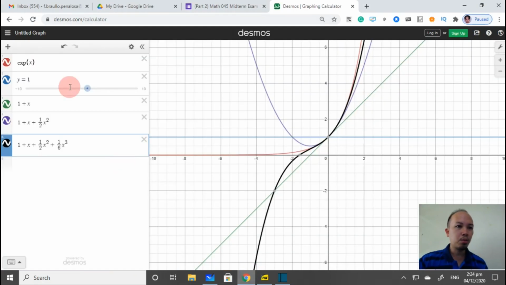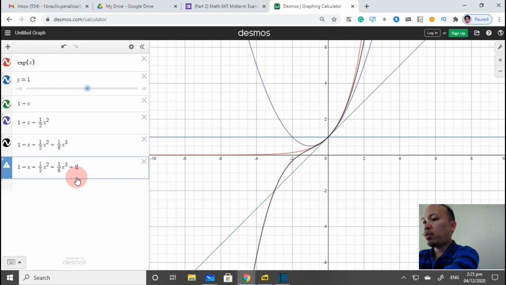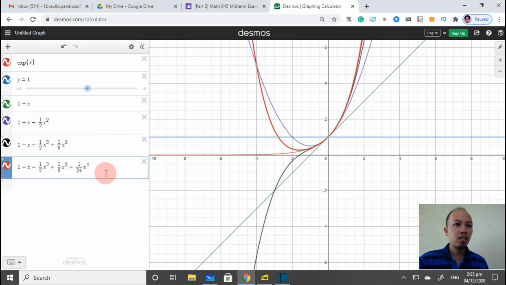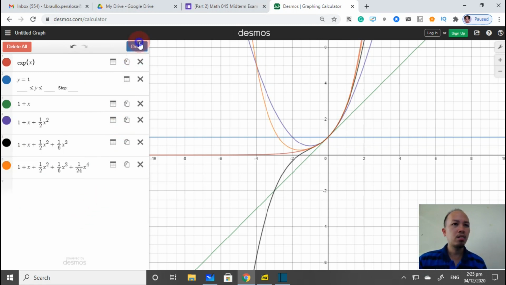Let's copy this one and add more, to see if we can approximate more points. Plus 1 over 24 times x to the 4. Let me pick another color, maybe orange. Done.